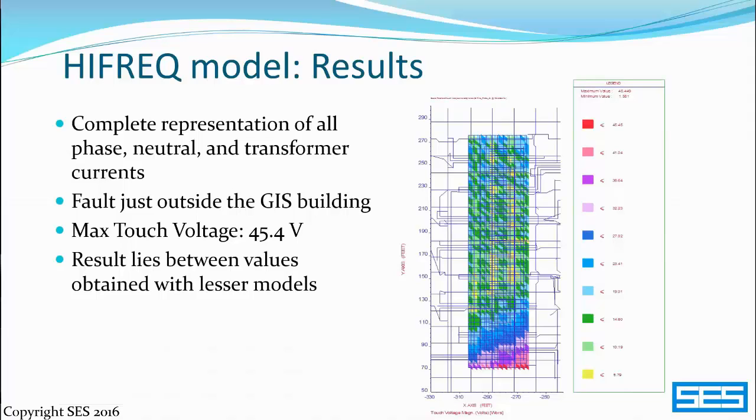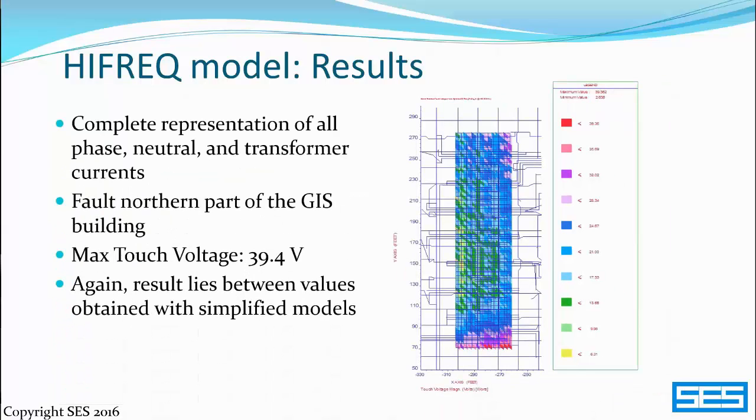So for the complete model for a fault just outside the GIS building, we now have a maximum touch voltage of 45.4 volts, a result that lies between the values obtained with the lesser models. For a fault in the northern part of the GIS building, our max touch voltage is now 39.4 volts. Again, the result lies between values obtained with simplified models.